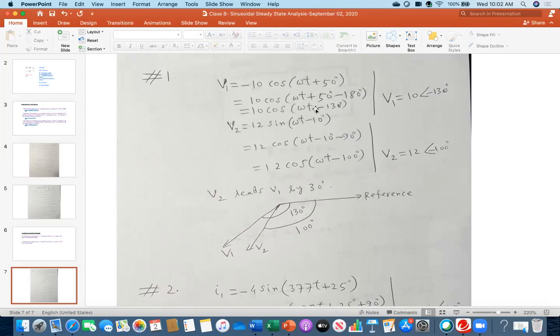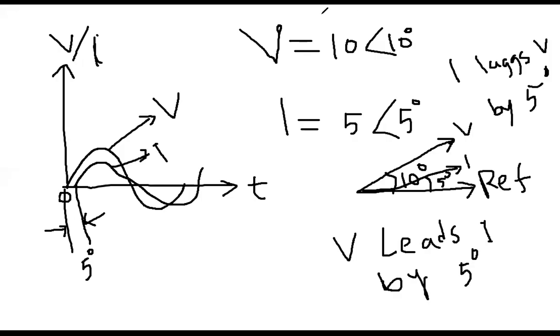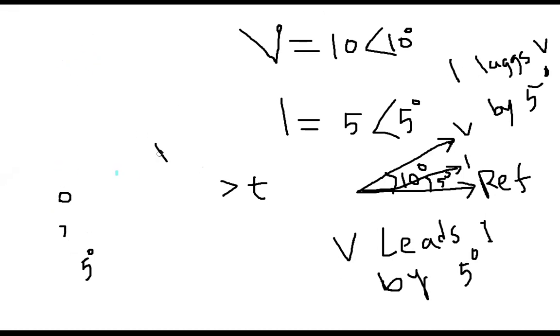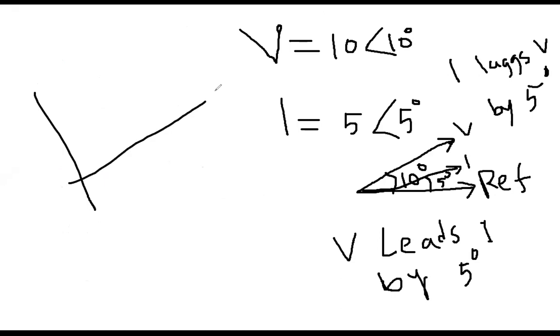If you remember like 2 or 3 classes back, let me answer your question much more clearly. Let me delete this. For example, this is a voltage waveform. This is T and this one is V, a time function.